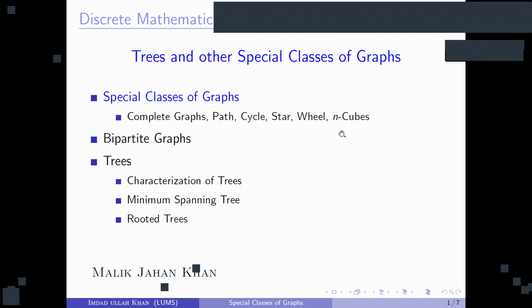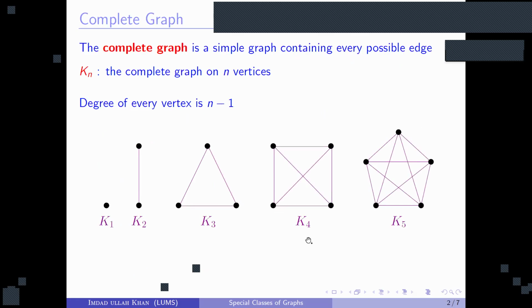Let's go over some very easy, intuitive and fancy types of graphs. The first type we are looking at is the complete graph. A graph of 1 vertex does not have any edge.